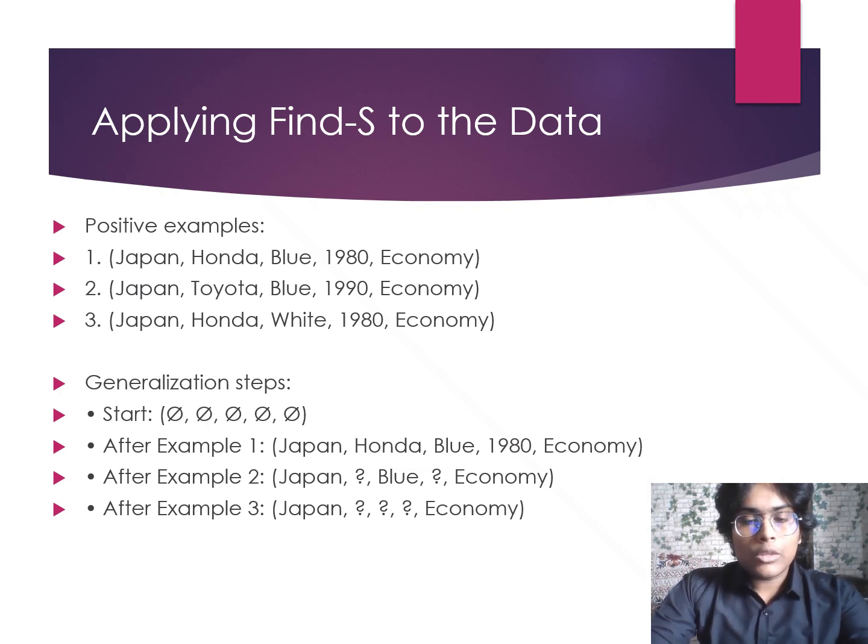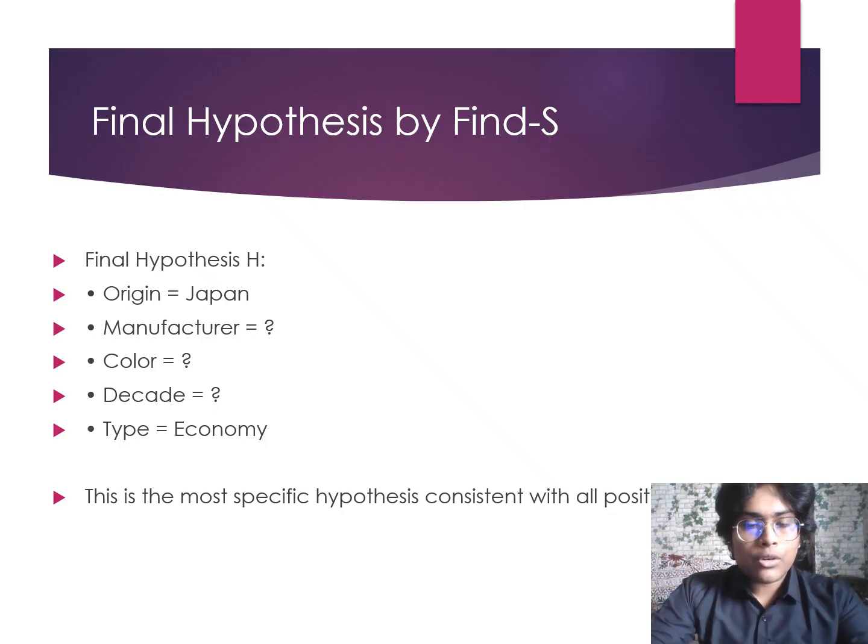The decade 1980 is missing from the hypothesis, so again a question mark. Economy matches economy, so we directly take the economy attribute. So this is the final hypothesis found by the Find-S algorithm.